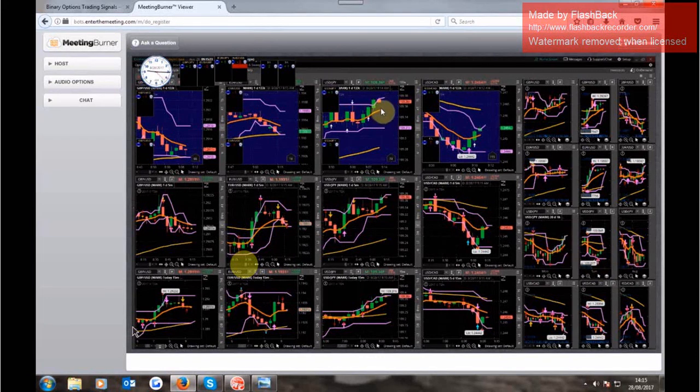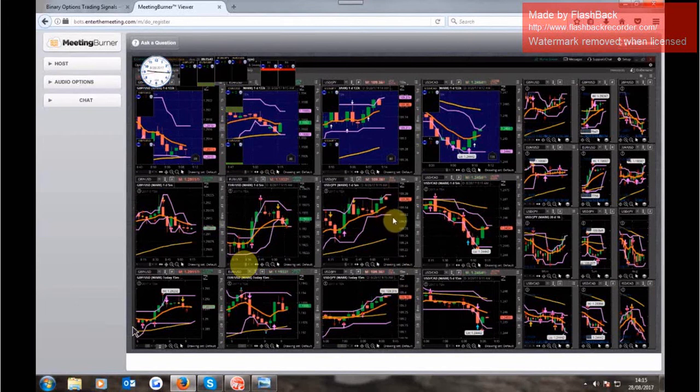The ATM is 1 up, 2 up, 3 up, 4 up. So it's 4-1 to the upside, and the trend is 1 up, 2 up, 3 up, 4 up. So the trend is 4 up, and the daily is pointing to the upside.